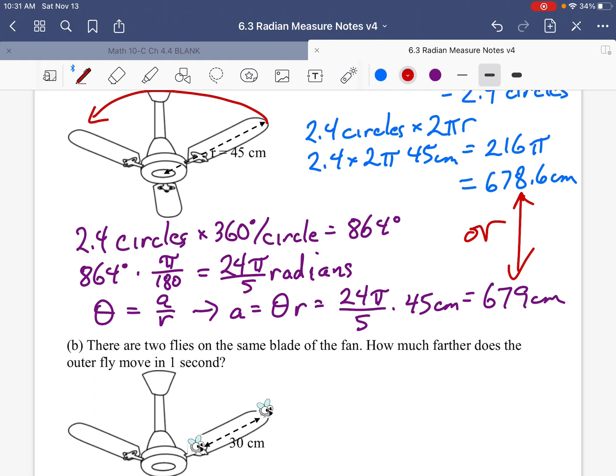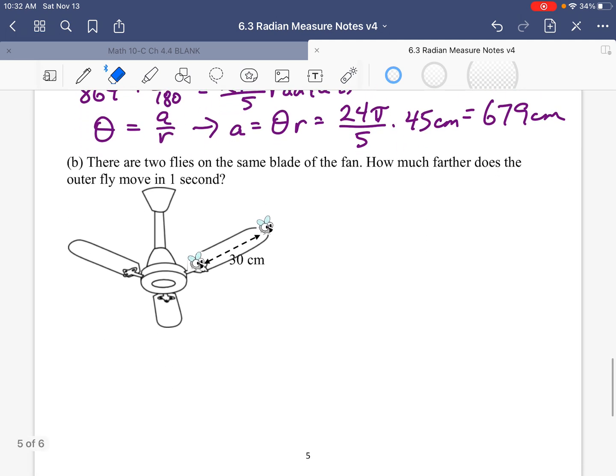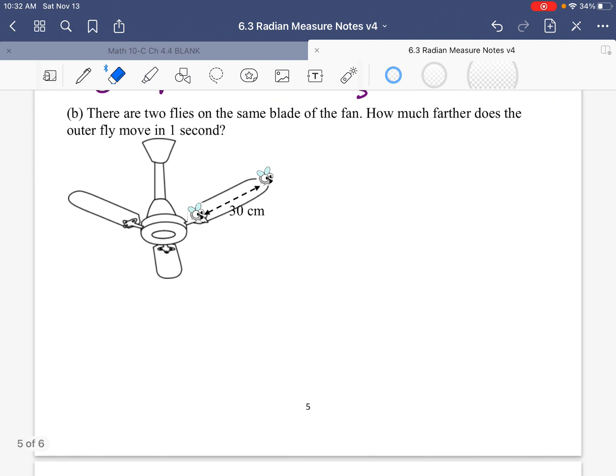Okay. One way or the other. I don't care. Doesn't really matter which way you do it. Just showing you there's more than one way. They all work, as long as you can come up with the final answer.